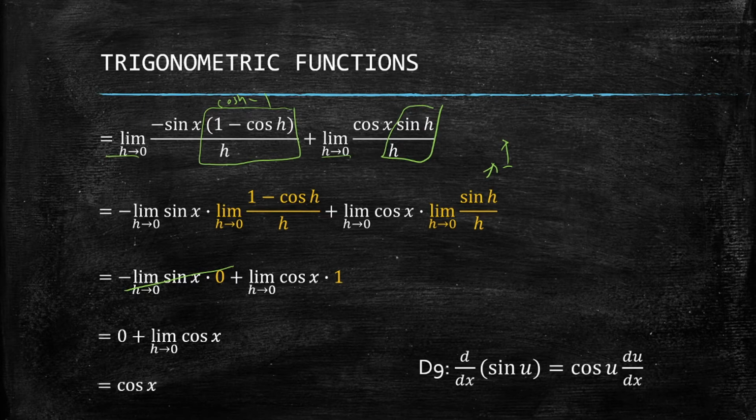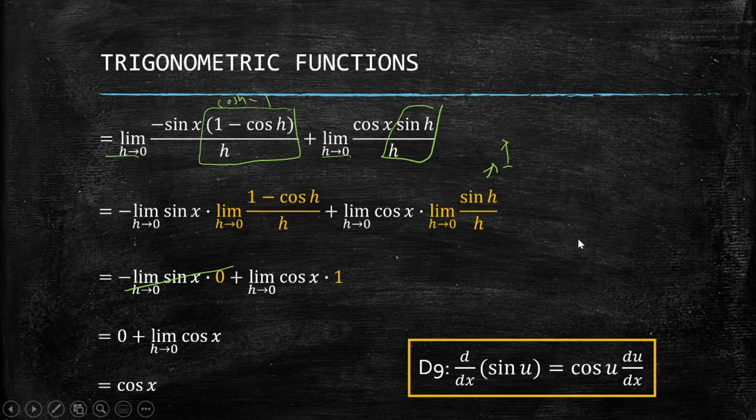Then if we generalize, instead of having x as our input value, what if it's a function u? We're going to apply the chain rule. So we'll have the derivative of sine u be equal to cos u, and then we have this part here, du dx, because of chain rule. So this is the proof for the derivative of sine u.